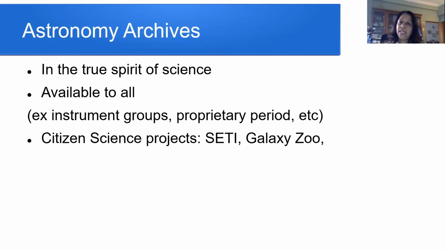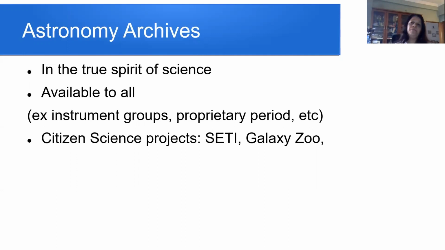And after a certain time, when people apply for projects and say they want to observe using a certain telescope, for a certain period, often 18 months, called the proprietary period, the proposer who proposed to observe has the data. And after the 18-month period, the data becomes available to the community. The community is free to use the data for whatever they would like to do after the proprietary period.